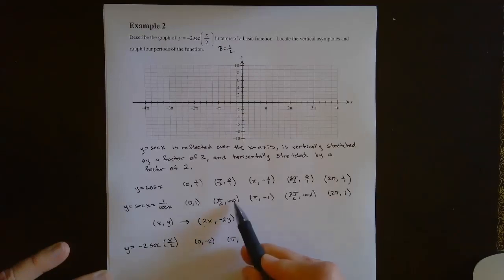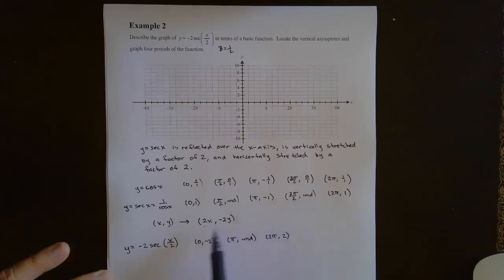If we multiply our undefined term by -2, it's still undefined. Then pi doubles to 2 pi, and we multiply our y by -2, so that becomes +2.